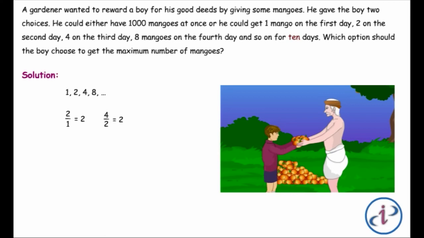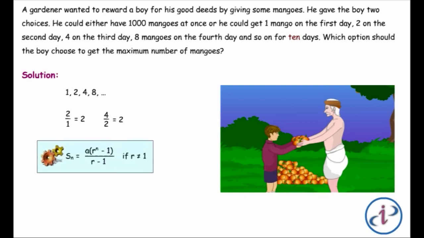Hence, it is a geometric sequence. Then, we can find the total number of mangoes for 10 days using the formula Sn is equal to a times r to the power of n minus 1 whole divided by r minus 1, if r is not equal to 1. Here, a is equal to 1, r is equal to 2, and n is equal to 10.